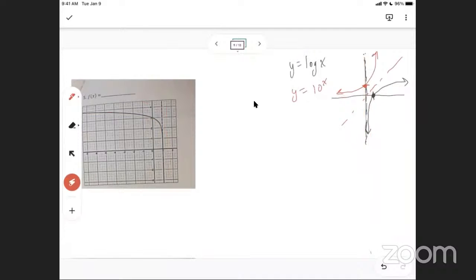So if you can't remember, I always just think of x squared. We all know what x squared looks like, right? It's a parabola. If you make the y negative, in other words, if you make it on the outside, it's going to flip it down, right? So that would be flipping it over the x-axis. And so you're right.